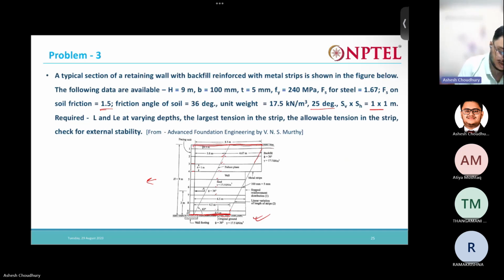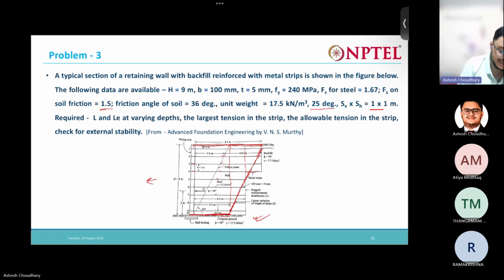So first they took this 4.5 meter block, and then they took this triangle. Instead of taking these two rectangles, they took this triangle instead.